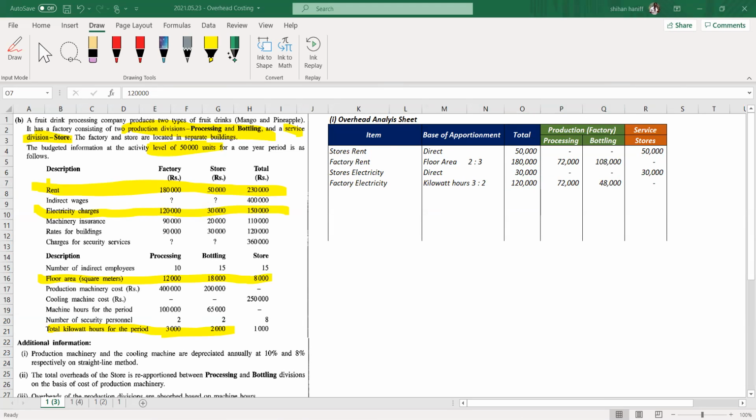Then machine insurance. Stores machine insurance we can take directly: 20,000. Factory machine insurance, what is the basis?